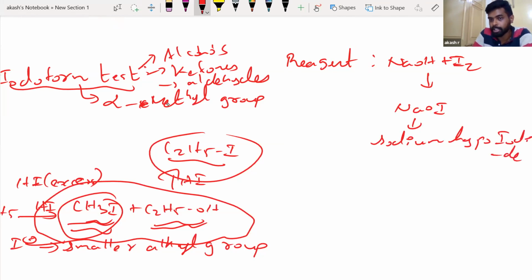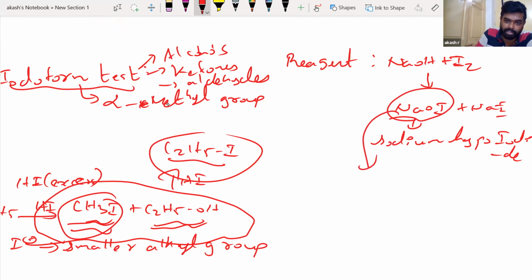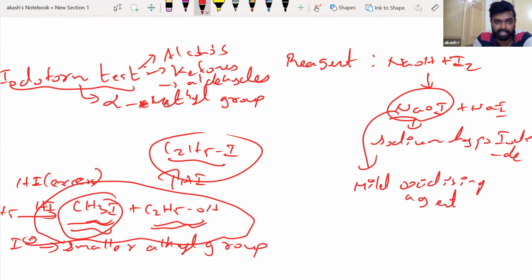I think you studied this reaction also, NaOH plus Cl2, dilute, concentrated, in the p block. So in this case, you see that sodium hypoiodide NaOI is formed. Obviously, NaI is also formed, no doubt about it. This NaOI is a mild oxidizing agent.